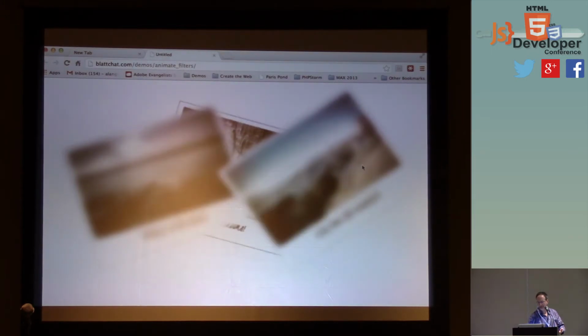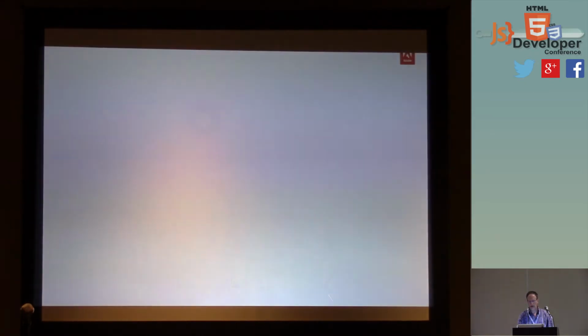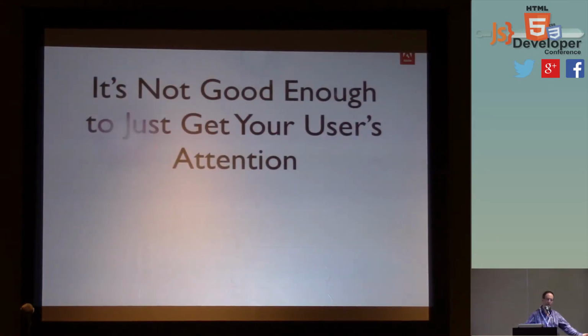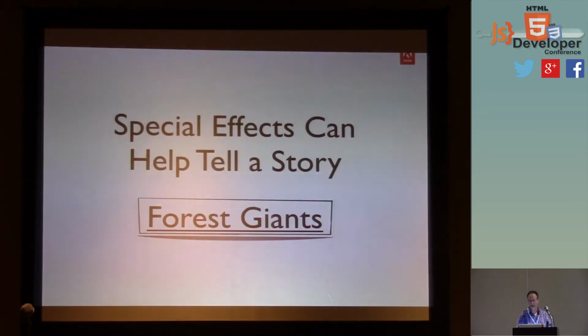And so it's just a nice little effect. It's not in your face, flashing crazy, but very useful. And as I say, it's not enough just to do this cool stuff, but tell a story. And I really would love to see some of you use some of this stuff and come back with some good use cases that we hadn't thought of.